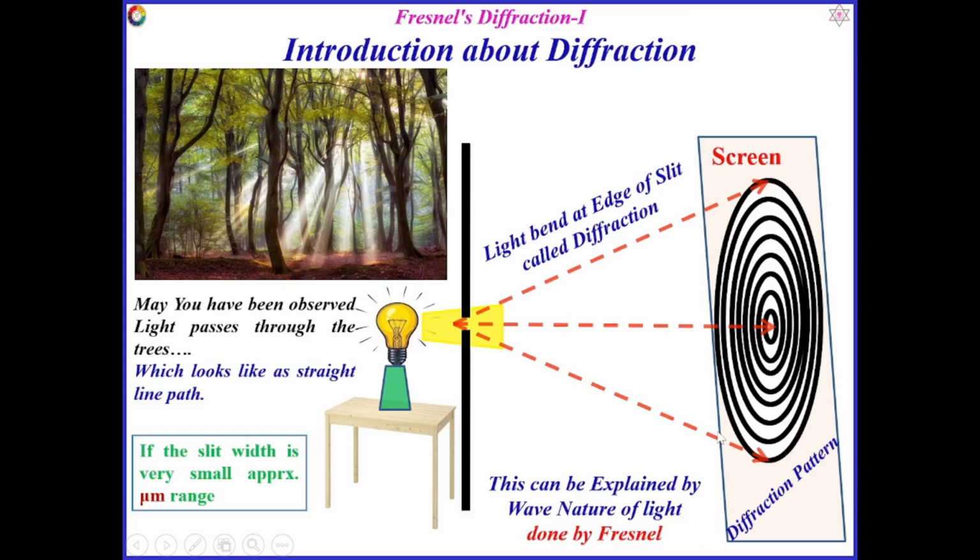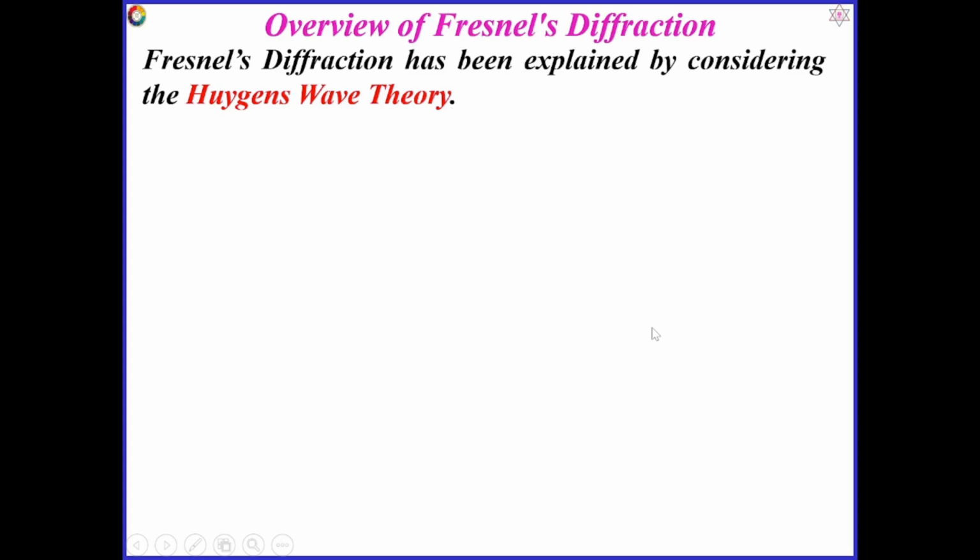Before we discuss Fresnel's diffraction, first we have to go through the Huygens wave theory, because Fresnel's diffraction is explained with the help of Huygens wave theory. For that, consider an isolated source.